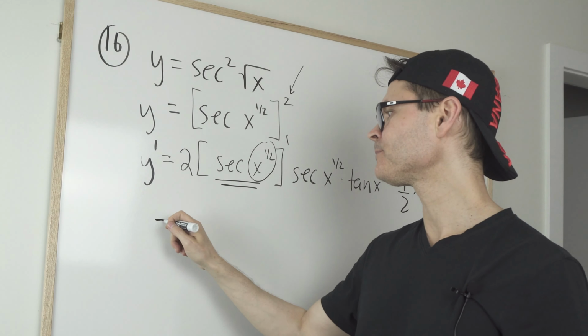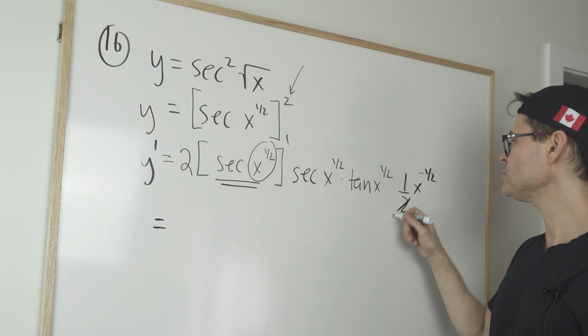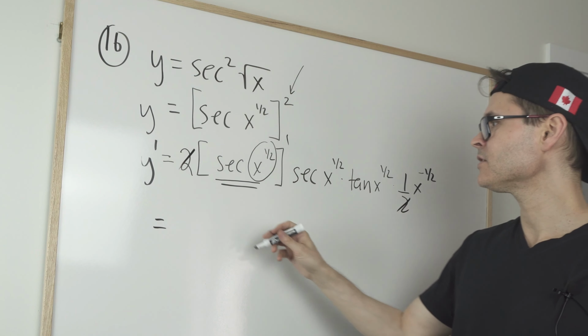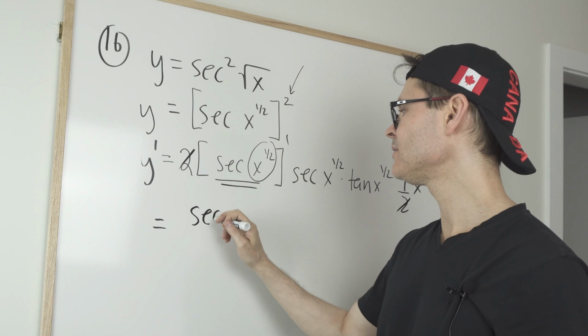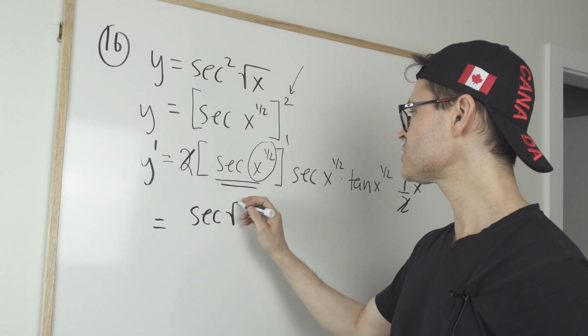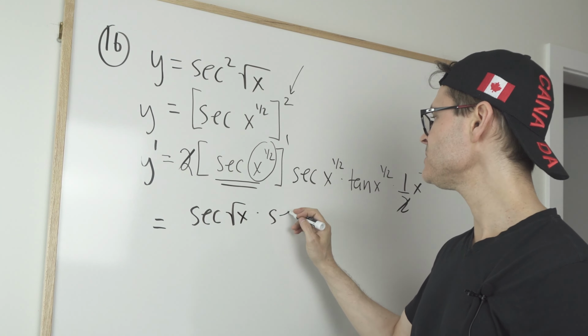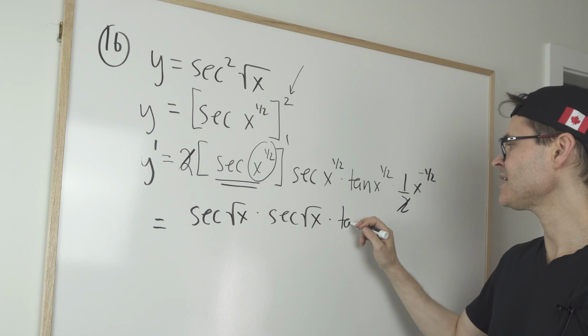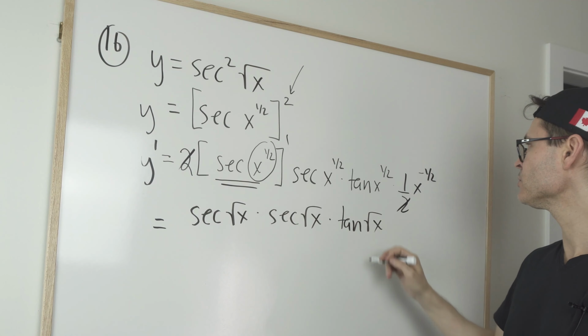Let's clean it up. Okay, so look, the 2's are going to cancel. That's kind of nice. And you see here now I've got a secant. I'm just going to put back the square roots. The square root of x times the secant of the square root of x times the tan of the square root of x.